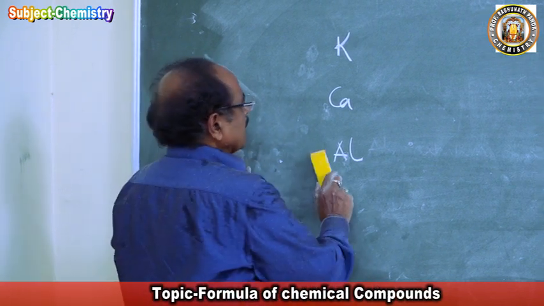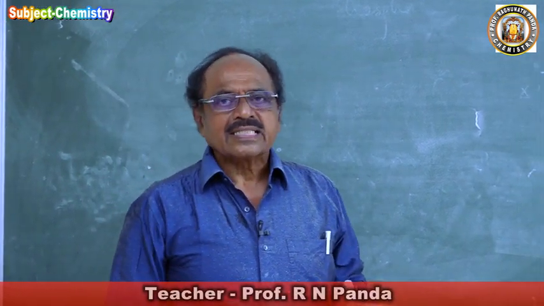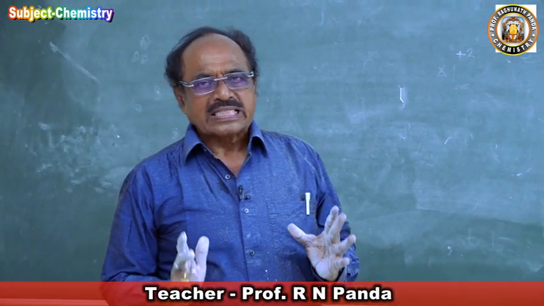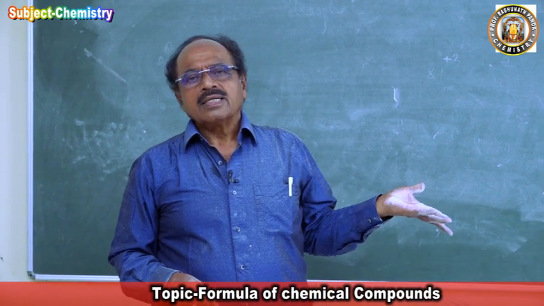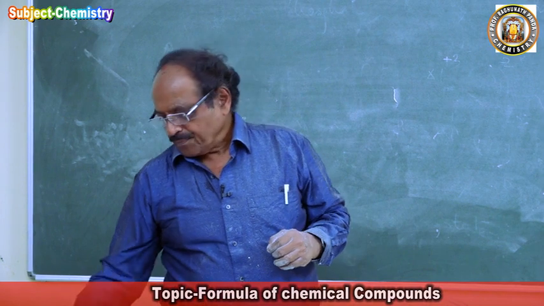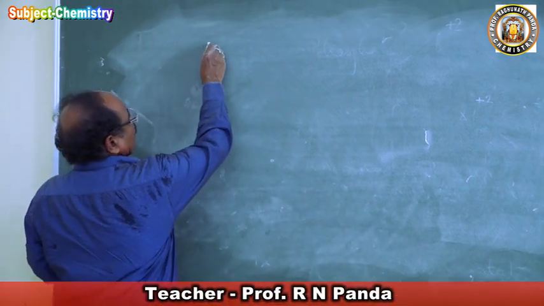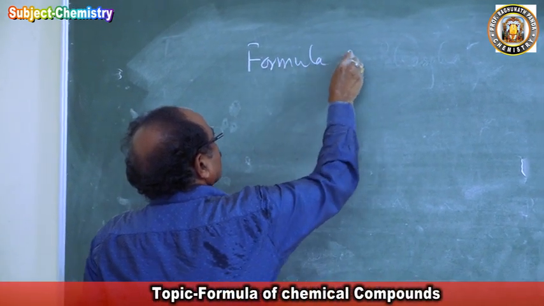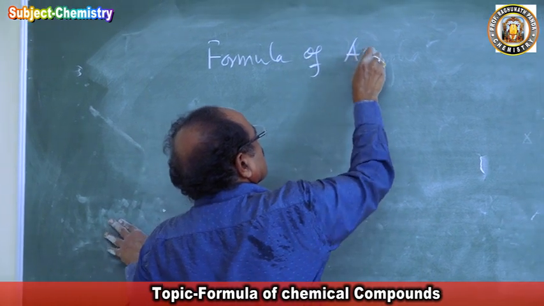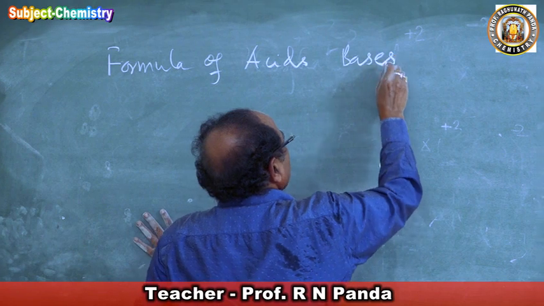So now with this chemical formula, I will come to what are acids, what are bases, what are salts, and how to write their formula from the basic radical and acid radical. So my point is, all the chemical compounds, we will now write the formula of acids, bases, and salts.